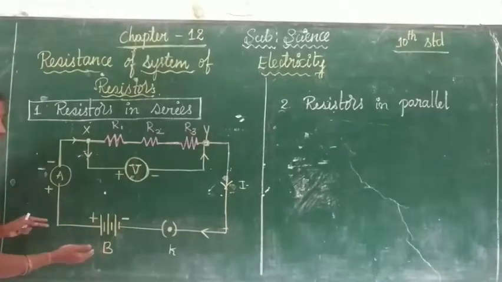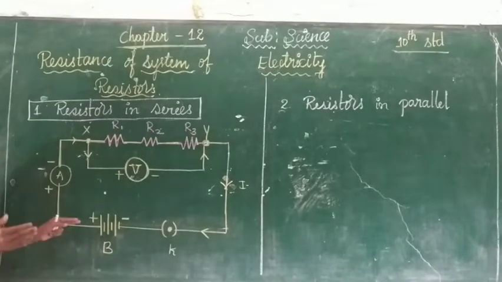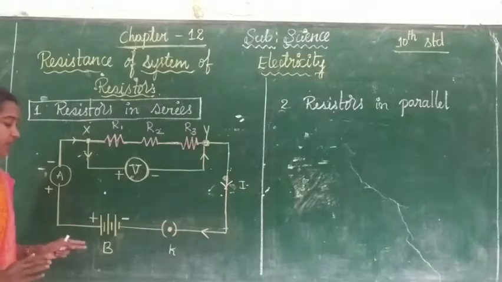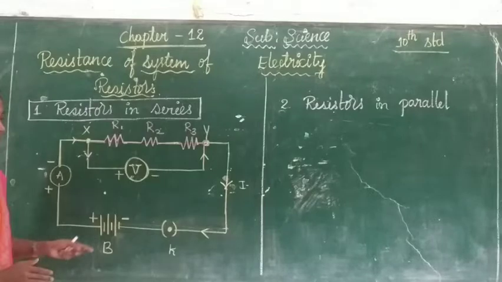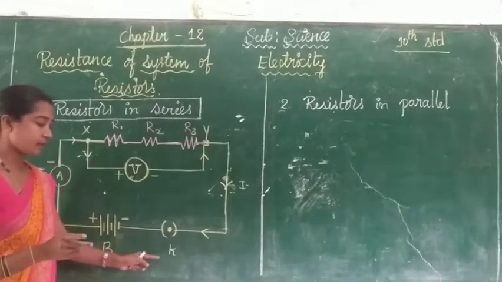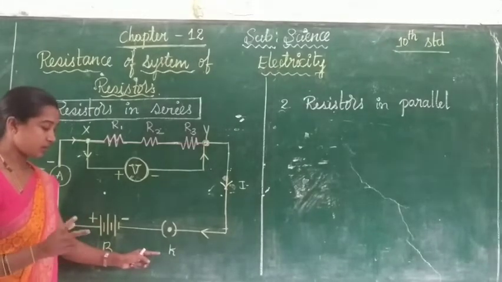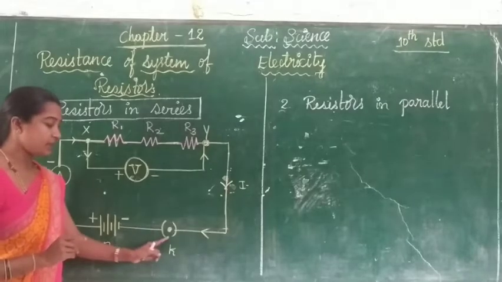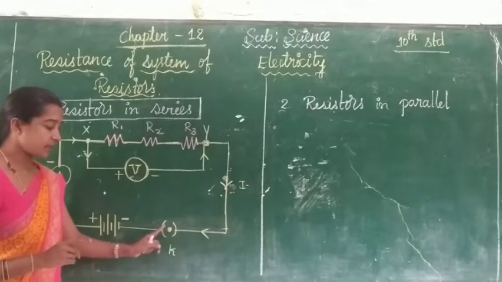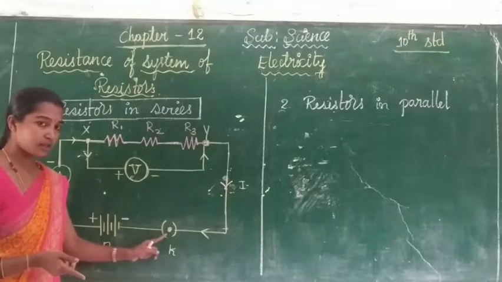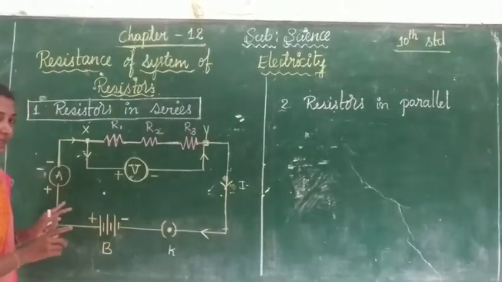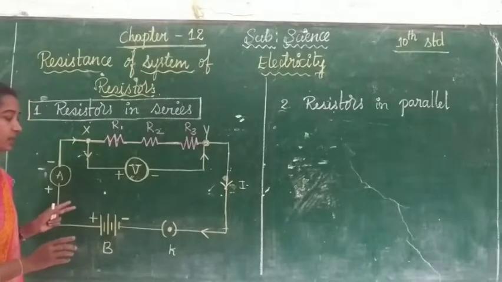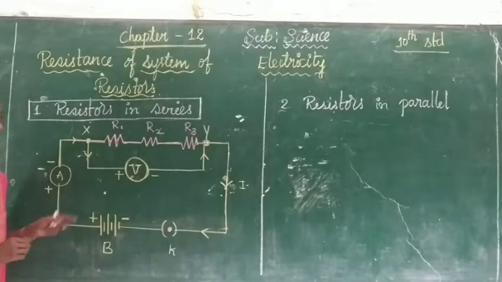The battery maintains the potential difference across the ends of the conductor. And the key can be open or closed, two types are there. Now the dot is there in between the bracket, so the key is closed. This is a closed path of the electric circuit.